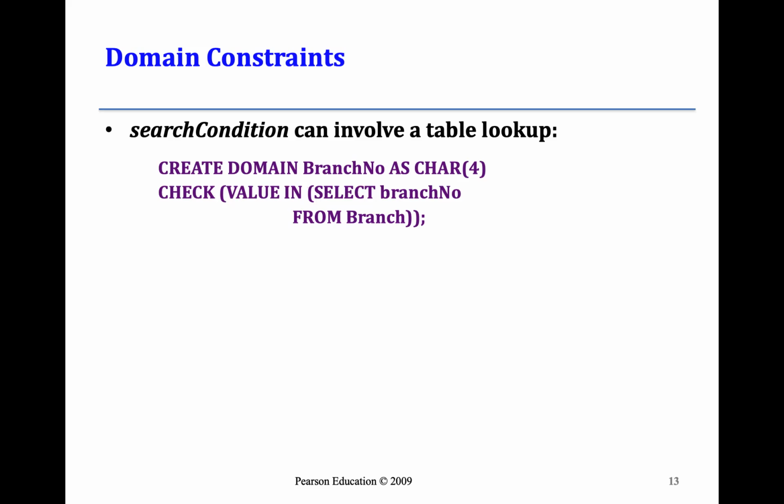Or is it dynamic, meaning if I add and subtract branches from the branch relation, will the set of acceptable values dynamically change? The answer is the set of values will dynamically change. So if I later add a new branch to the branch relation, then this domain acquires a new branch. Other questions?